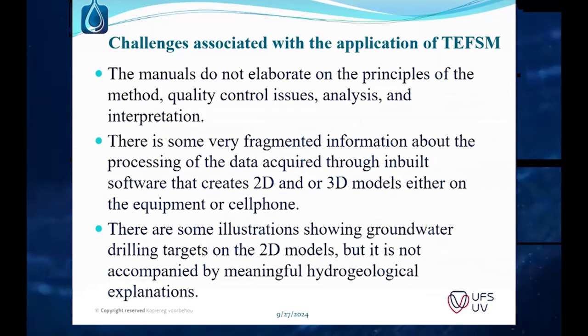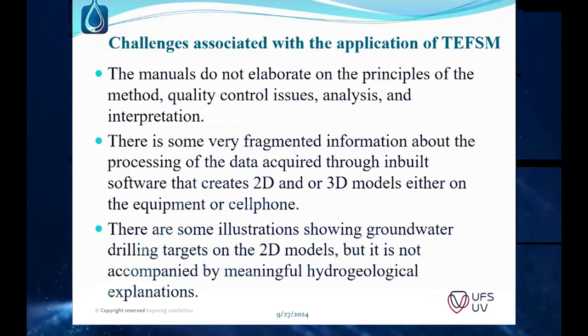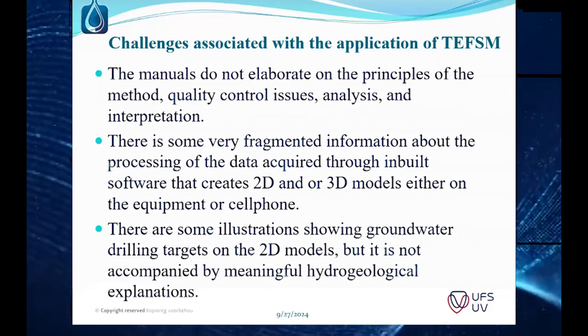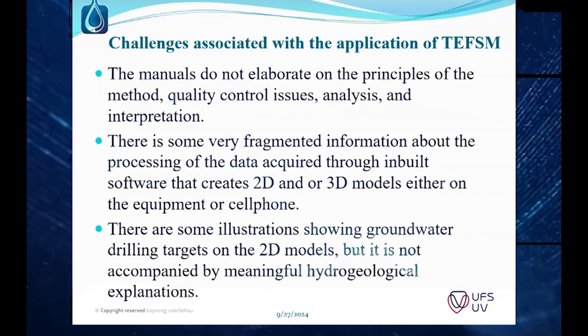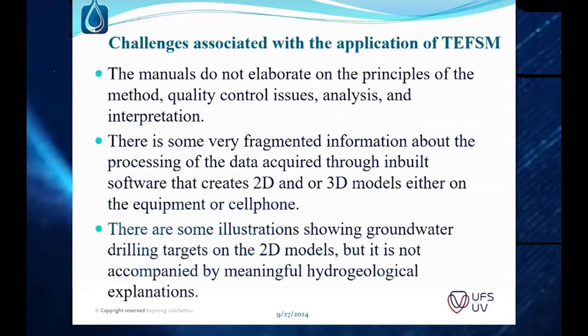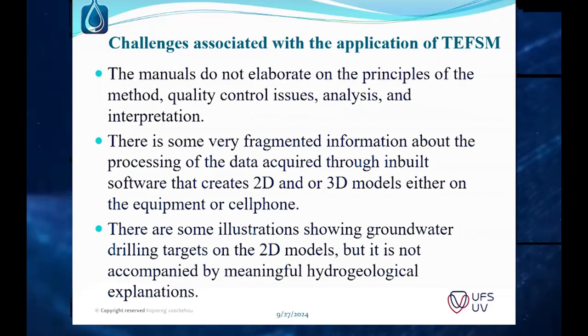The manuals also do not elaborate on the issue of quality control, what can go wrong when you're collecting the data and so forth. There is some information, because it's smart technology. You can link it to the phone and create some 2D models on your phone or on your equipment. But the underlying principles behind this technology, the models, and also the interpolation and the modeling, are not clear.